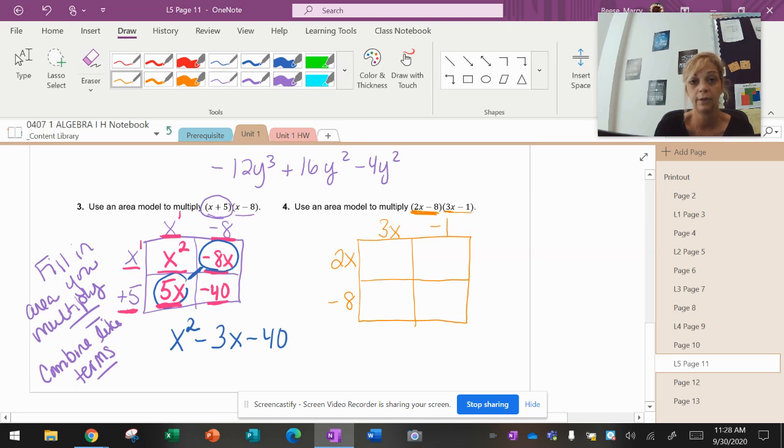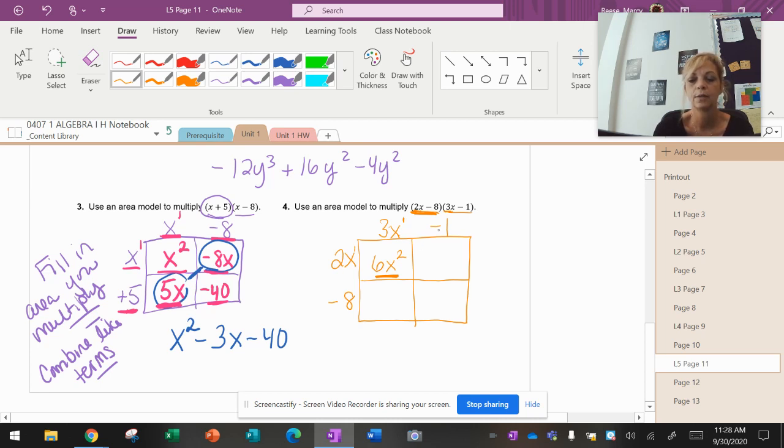Then we're going to fill in, right? We're going to start with this upper left-hand corner block. On the top, it's got a 3x. To the left, it's got a 2x. So 3x times 2x. Multiply the numbers: 3 times 2 is 6. And then exponents add. x to the first, x to the first, is x to the second.